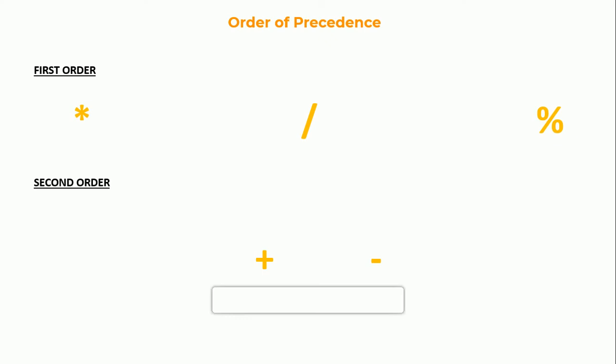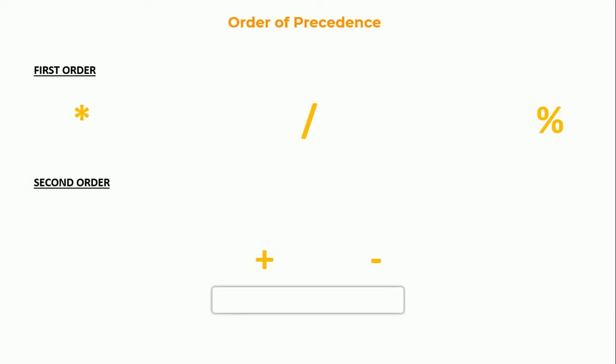We've spoken about the marriage, which is anything that has to do with the first order. When we get to the second order, it means that we are done executing or evaluating all statements that have the multiplication, the division, or the modulus in them. And when we are using operators like modulus, multiplication, and division, it means we are dealing with an expression that has items related to marriages. All right.